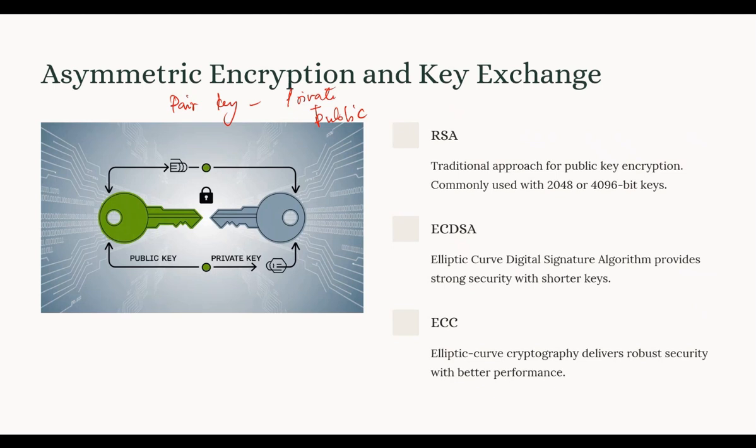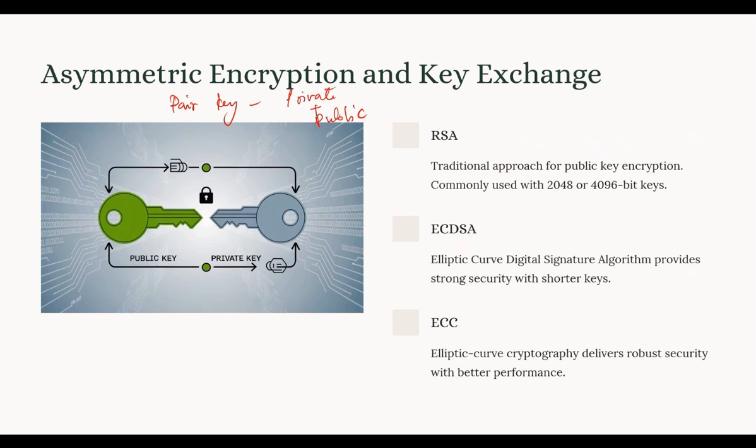Whereas for digital signatures, the private key is used to encrypt and the public key is used to decrypt. It's just the opposite of how asymmetric key cryptography works, where the public key is used to encrypt and the private key to decrypt. Digital signatures also authenticate the data, and the integrity of the data is checked through them.